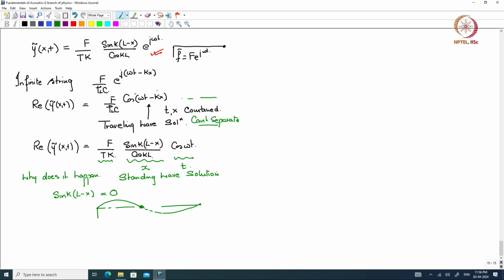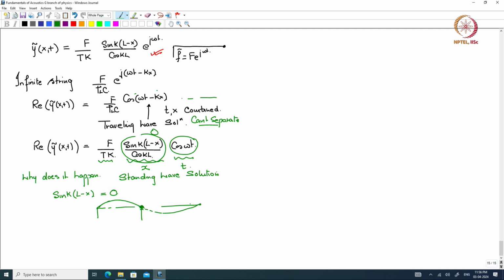Spatially it is a 0. So this value is 0, and so 0 times cosine omega t will always be 0. So this point will always be 0, it will never move, whereas the other part will be moving.